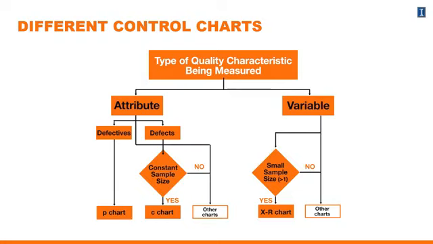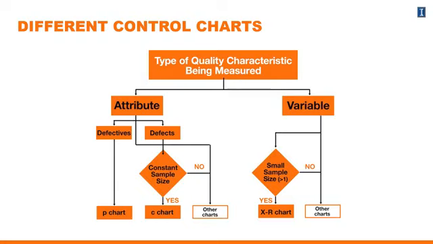So the P stands for proportion, and if you're simply interested in looking at whether a product is defective or non-defective, you would use what is called a P chart. The other kind of attribute chart that is commonly used is called a C chart, and a C chart is used for defects. So if you are interested in the number of defects in a particular sample of products, you would use a C chart, and the C there stands for count. And there are several other types of attribute control charts.